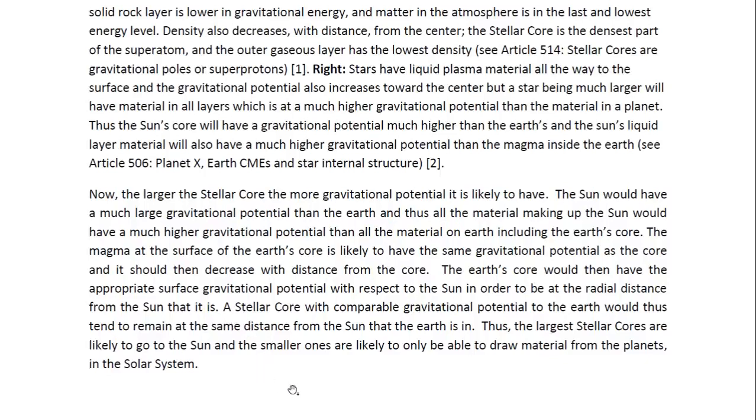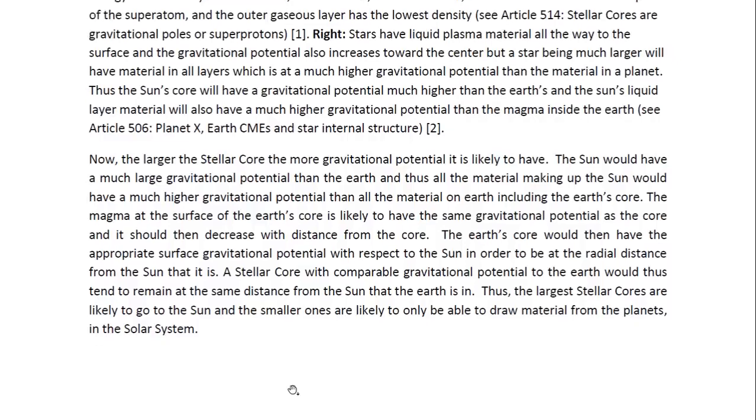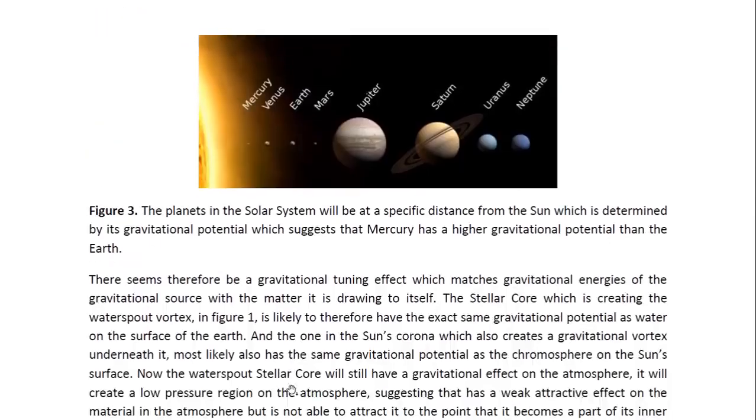A stellar core with comparable gravitational potential to the Earth would thus tend to remain at the same distance from the Sun that the Earth is in. Thus, the largest stellar cores are likely to go to the Sun, and the smaller ones are likely to only be able to draw material from the planets in the solar system.